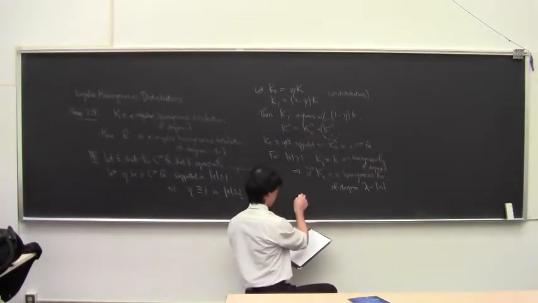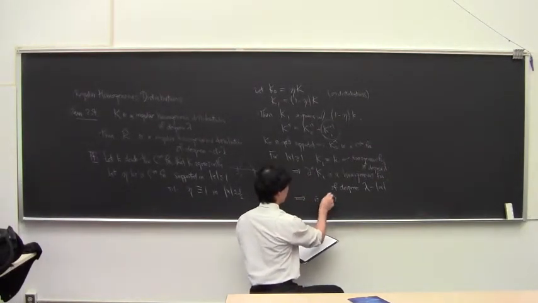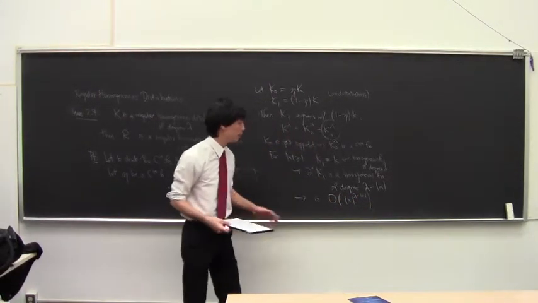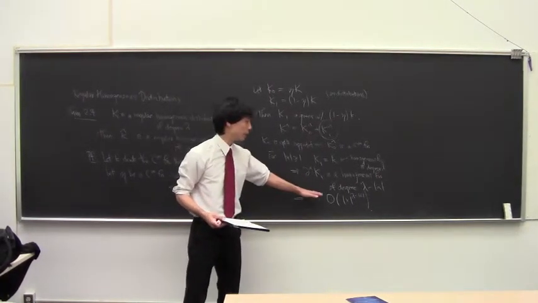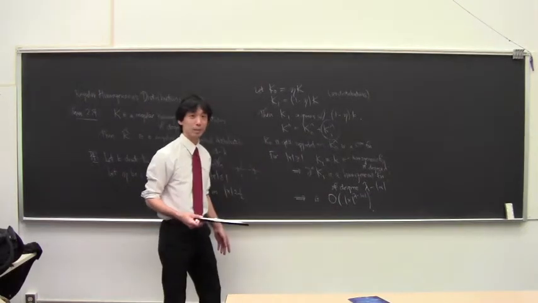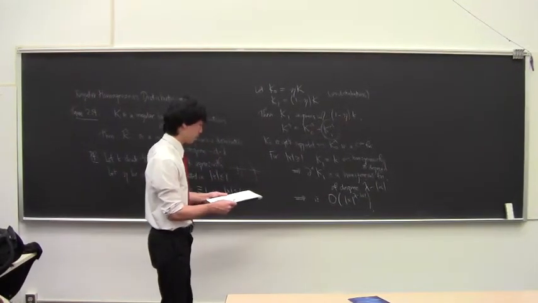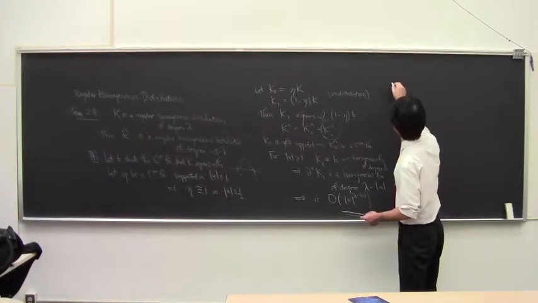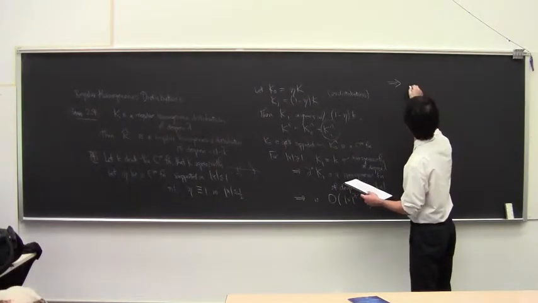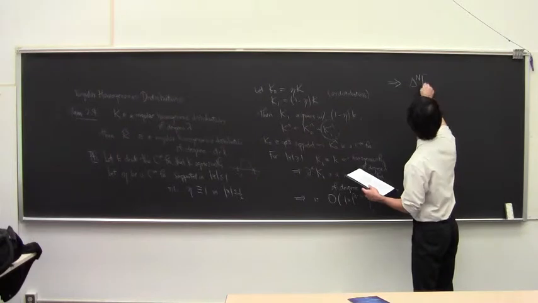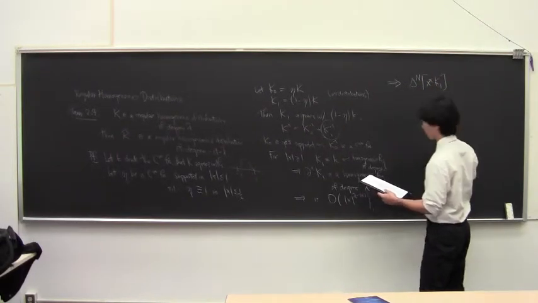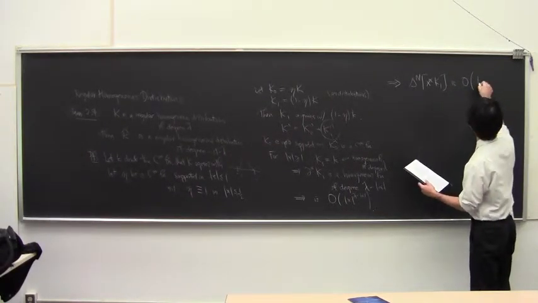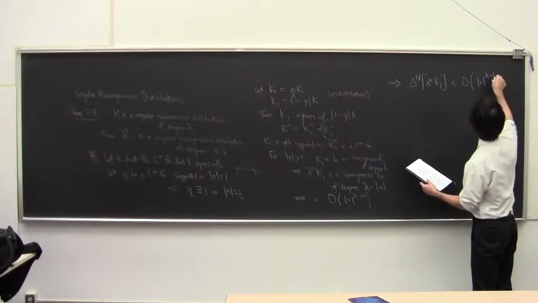So it will be controlled by this. That tells us that if we look at the Laplacian to the nth power applied to x to the alpha times k1, that thing is going to be big O of x to the lambda plus 2n.